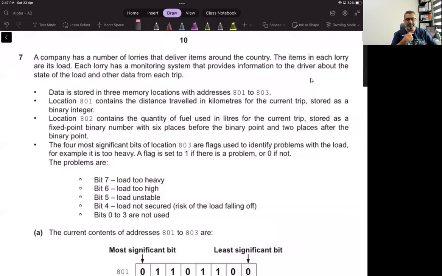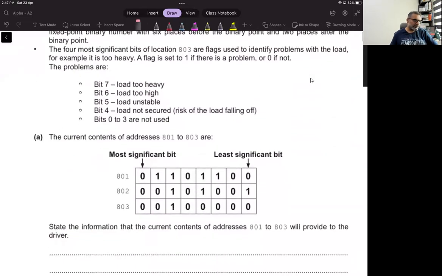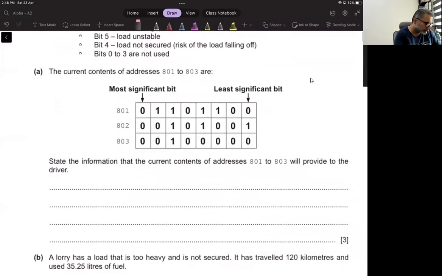The problems are bit 7, load too heavy; bit 6, load too high; bit 5, load unstable, load not secured; bit 4, risk of load falling off; and bits 0 to 3 are not used. The current contents of addresses 801 to 803 are this. State the information that the current contents of addresses 801 to 803 provide to the driver.